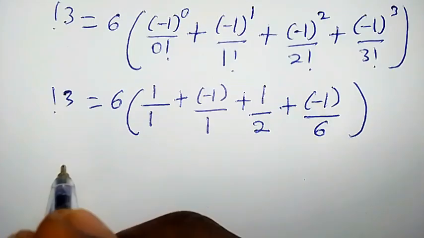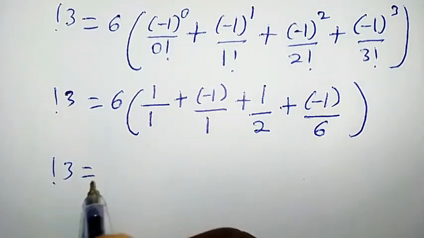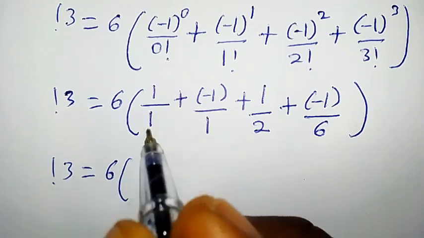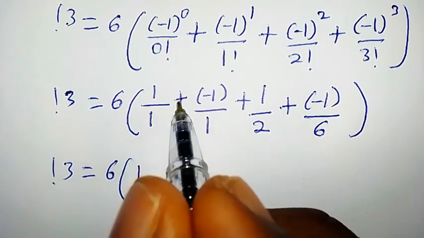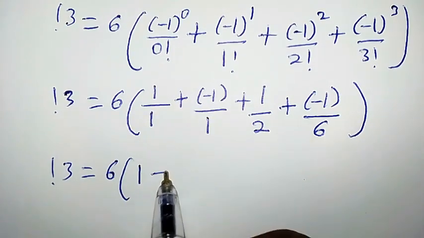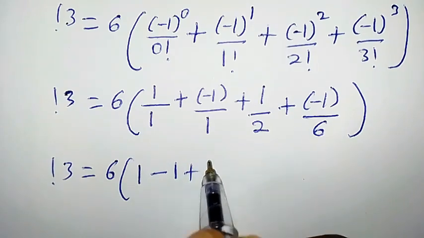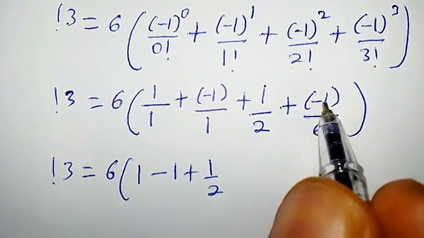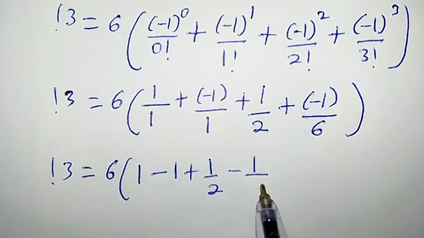Close the bracket. 3 subfactorial is equal to 6 into 1 over 1, that is 1, plus negative 1, plus half, plus minus 1 over 6.